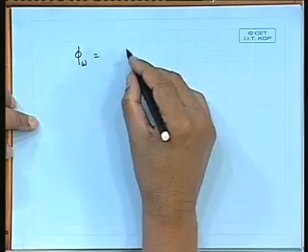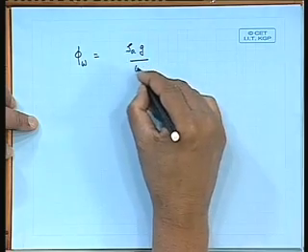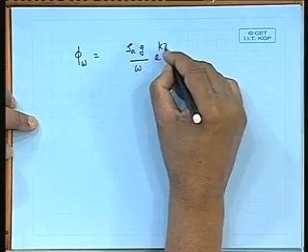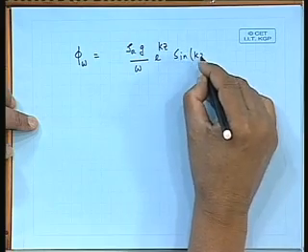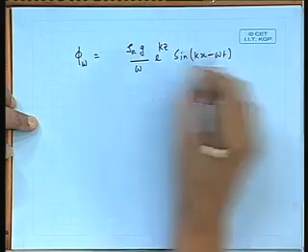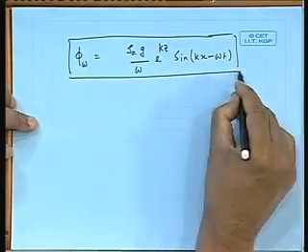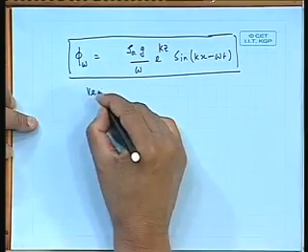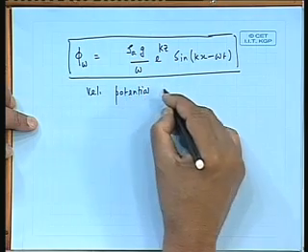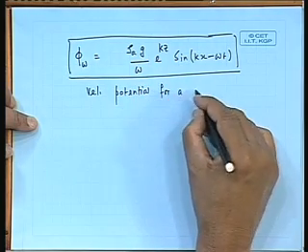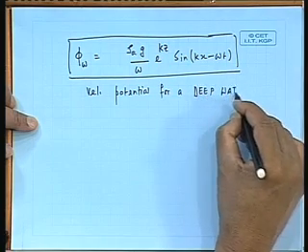It turns out that it can also be expressed as this. This is a deep water wave. This is called the velocity potential for a deep water wave.